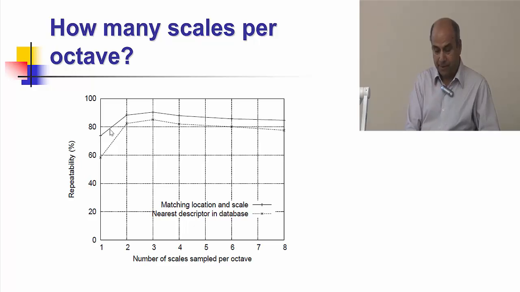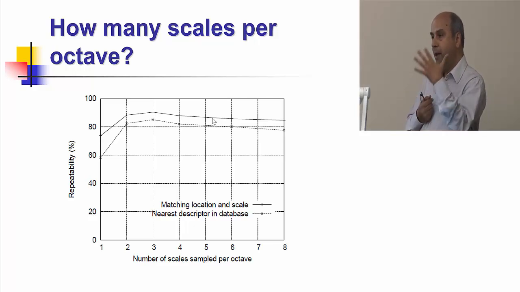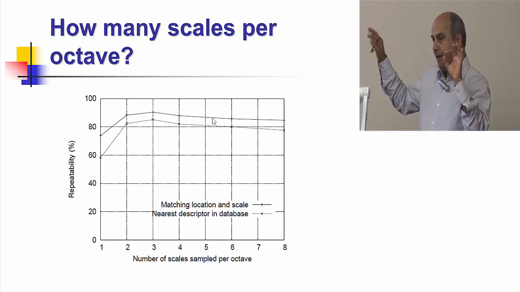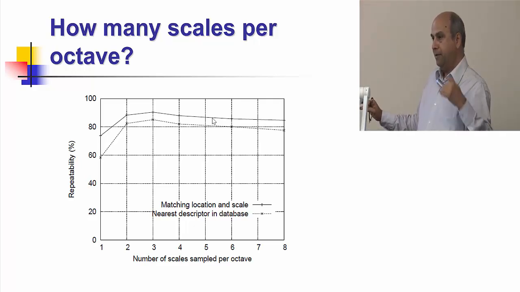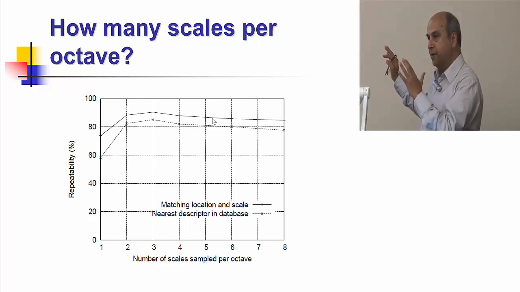So repeatability is less than 80% if you just use 1 scale. But if you use 2 scales, it goes up, and with 3 scales it goes up, and after that it goes down. So that was one measure: I have these images and their transformed versions, I go through a number of points, and I want to find the exact point in the rotated version and say how many I can find using 2 scales, 3 scales, 4 scales, and so on.